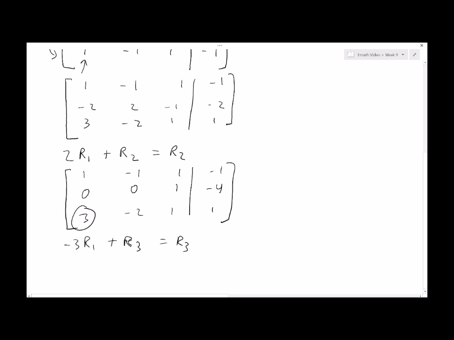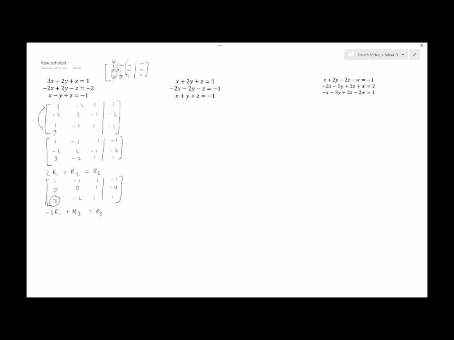Okay, so let me zoom out. Maybe we can do a little more work on just this sheet. So here we're left with, everything else stays the same. 0, 0, 1, -4. In this case, -3 plus 3 is 0, and it's going to be 3 plus a -2 is a 1, and a -3 plus a 1 is a -2, and a 3 plus a 1 is a 4.